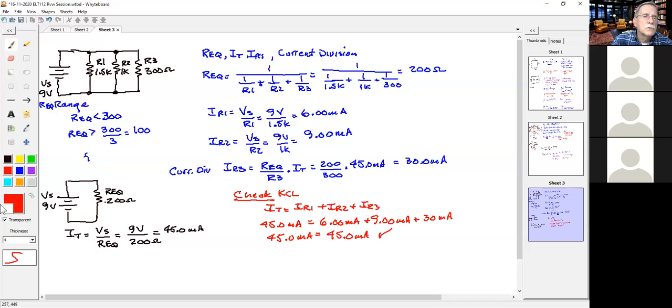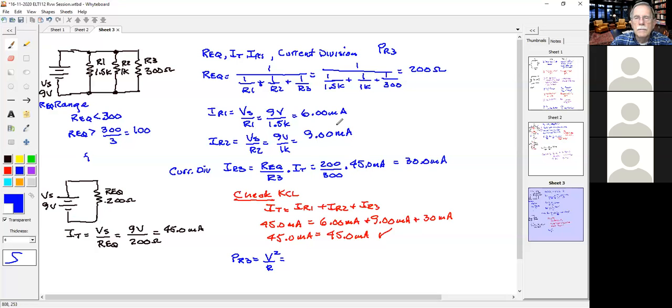So let's do some calculations of power. Let's calculate P sub R3. We know the power formula has three forms: V squared over R, I squared R, I times V. Probably the one I would use here is V squared over R, because the voltage is given and the resistance is given.